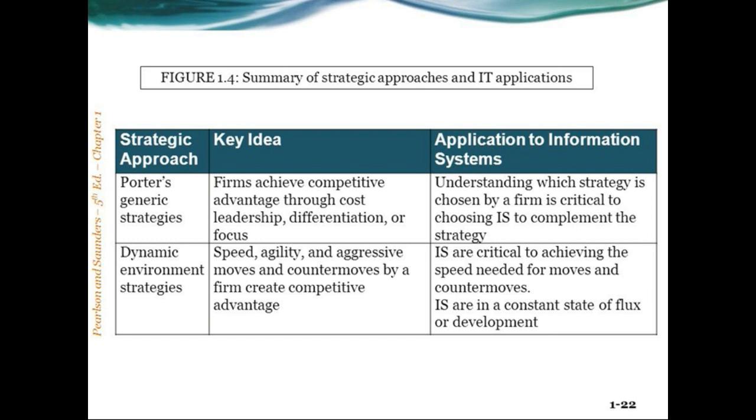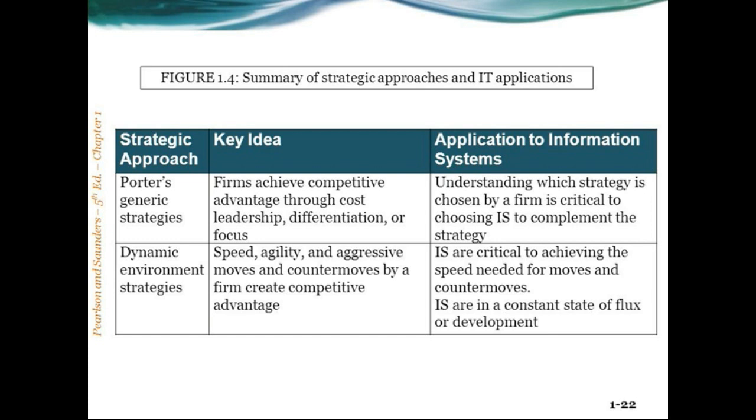Examples here are the blue ocean strategy, creative destruction, and dynamic capabilities. The application to information systems is that IS are critical to achieving the speed needed for moves and counter moves. IS are in a constant state of flux or development.